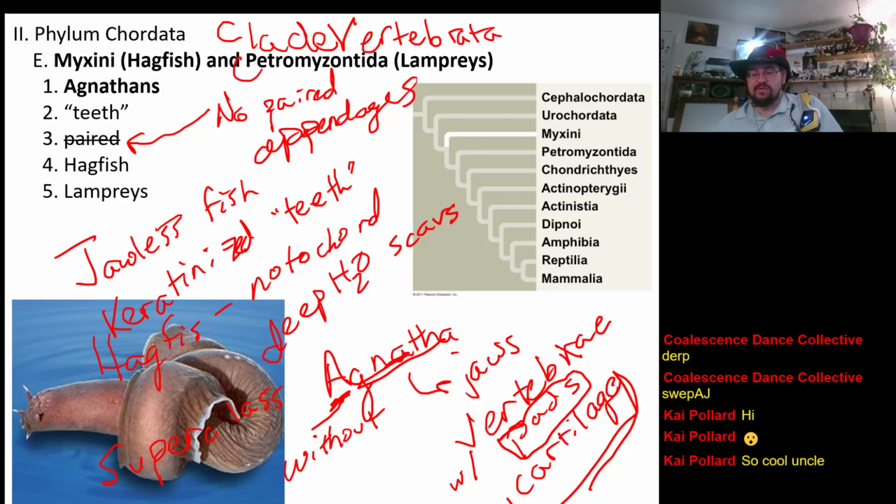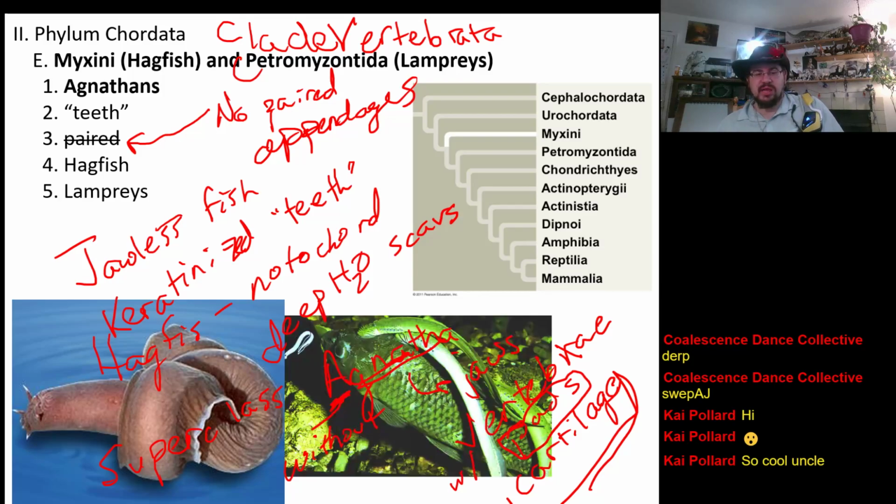So if you've ever looked at a shark and seen those black eel-like fish swimming alongside them that don't appear to have any kind of paired appendages, so remoras or fish, sometimes you have a black eel-like fish, and it will attach to the skin and feed on blood.